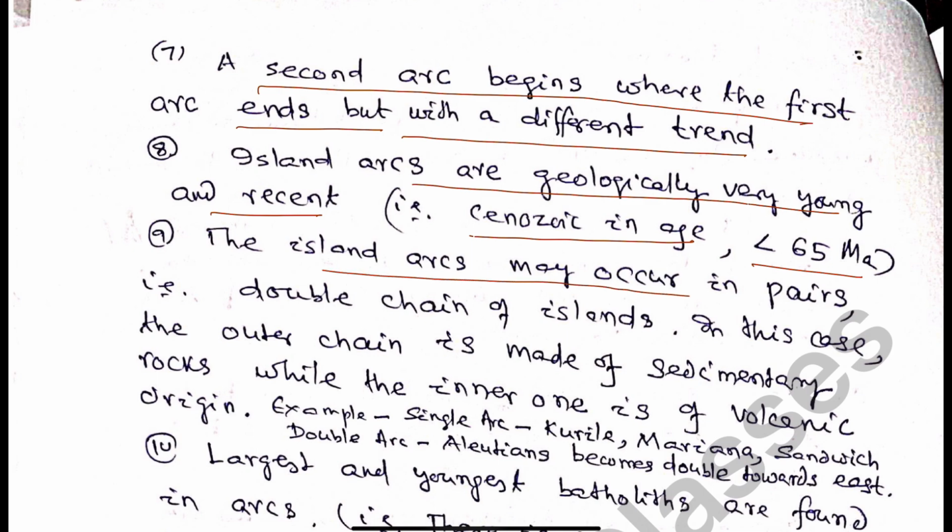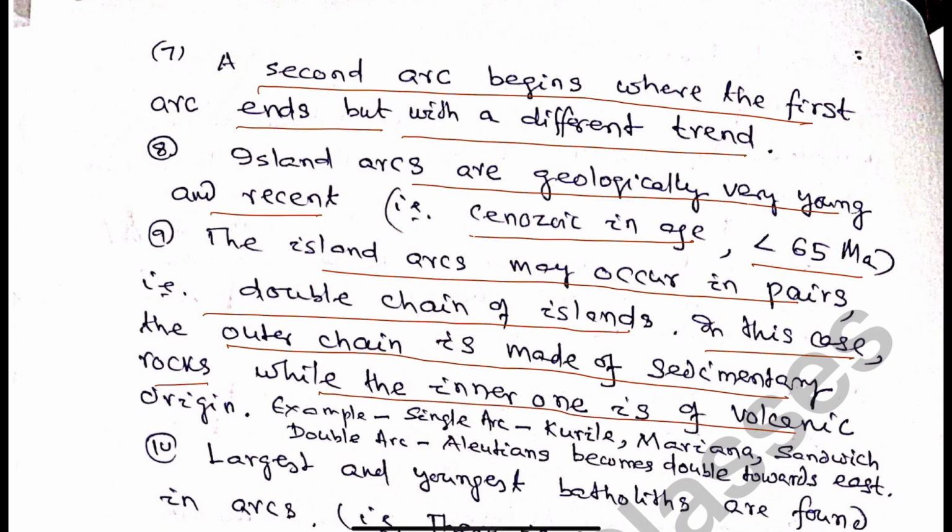The island arcs may occur in pairs, that means double chain of islands. In this case, the outer chain is made up of sedimentary rocks, while the inner one is made up of volcanic origin.